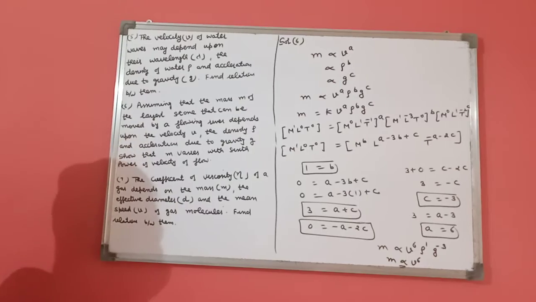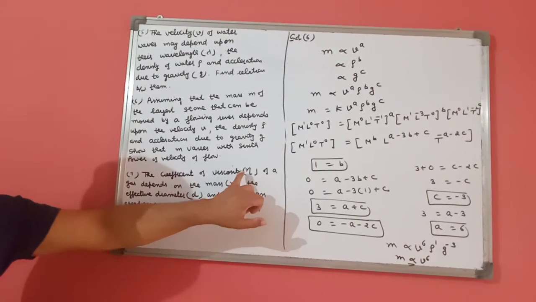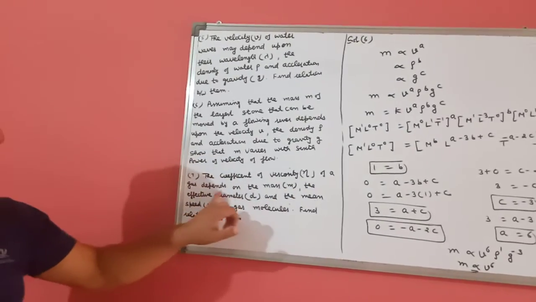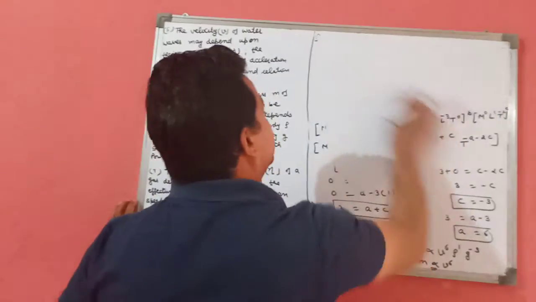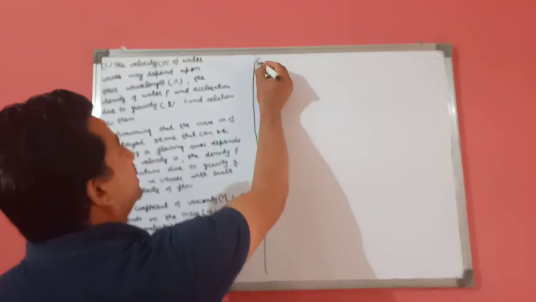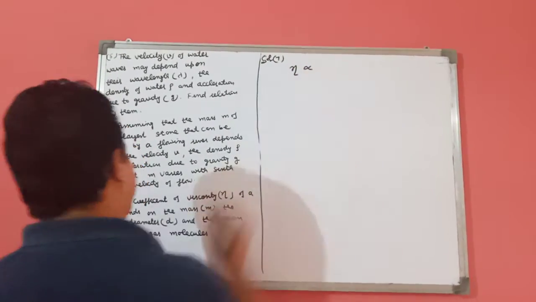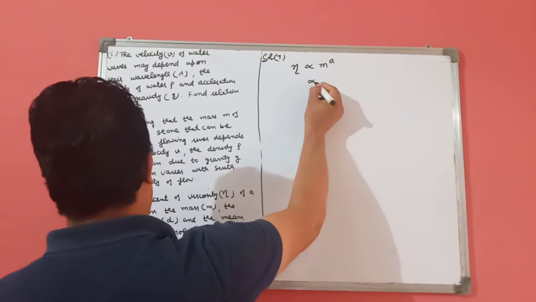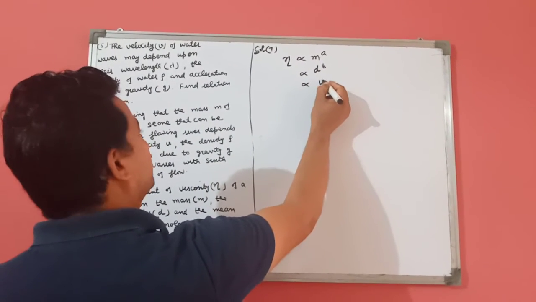In question number 7, the coefficient of viscosity, called eta, of a gas depends on mass m, effective diameter d, and speed v.